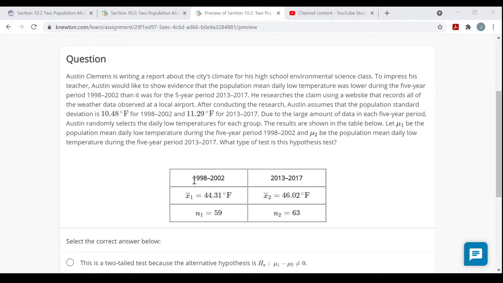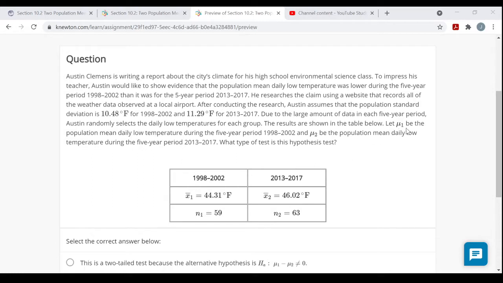So for that 5-year period from 98 to 2002, he selected 59 daily low temperatures at random, and the average of those 59 daily low temperatures was 44.31 degrees Fahrenheit. And then for that 5-year period from 2013 to 2017, he selected at random 63 daily low temperatures, and their average was 46.02 degrees Fahrenheit.